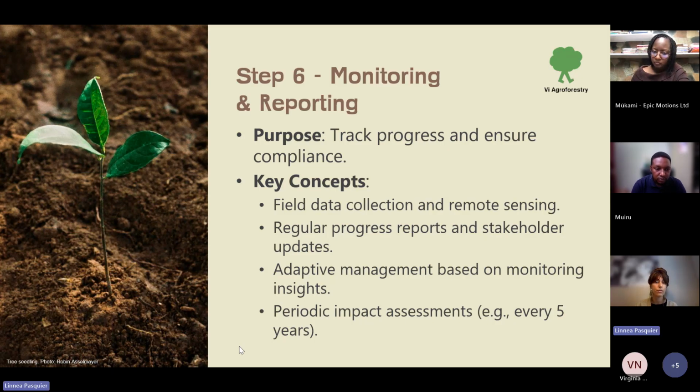Also do regular progress reports and stakeholder updates of what is happening, because as I said, these are quite long projects, so things might change, and that also goes into adaptive management. You might need to change along the road, and you do periodic impact assessments, like every 5 years or so, so that you follow up on the ESIA that you did in the PDD.